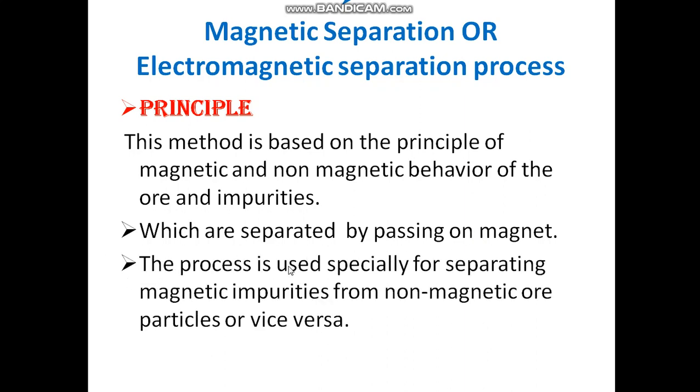The process is used especially for separating magnetic impurities from non-magnetic ore particles or vice versa. The name itself tells us that we are separating the magnetic and the non-magnetic ore particles, or vice versa, by using the magnet.